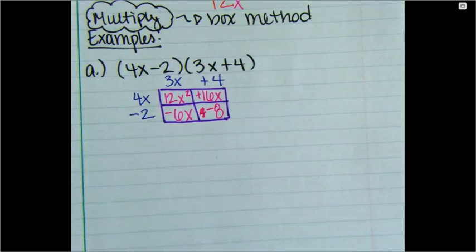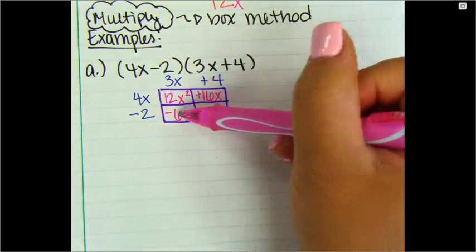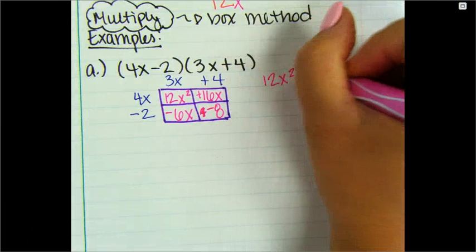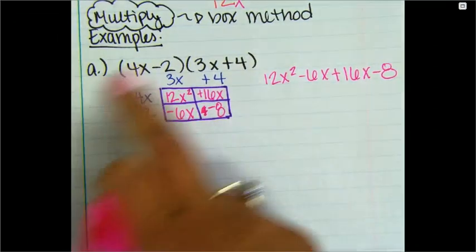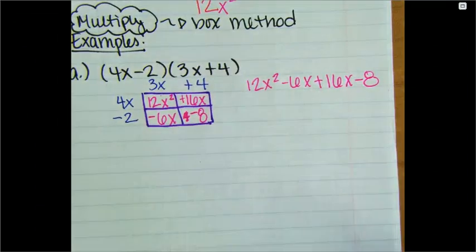Yes? All right, I'm going to bring it out of the box. I can bring it out left to right or top to bottom. It doesn't really matter. I'm going to bring it out top to bottom for right now. I'm done with the stuff on the outside. I only care about the stuff on the inside. When I'm here, I need to combine like terms. What are you combining?